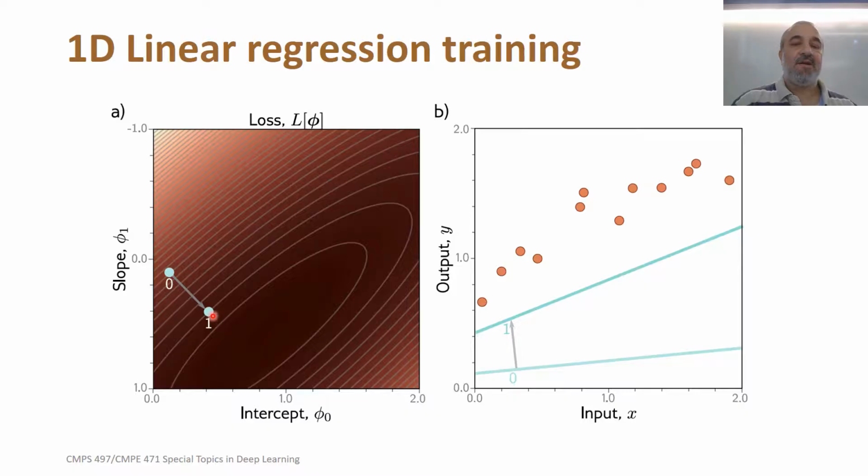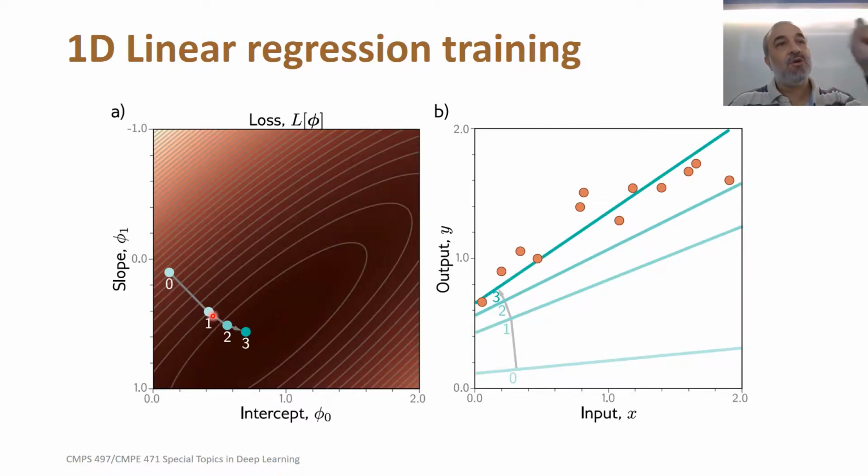And then again, repeat, and go to another point. Whenever we take steps like that, we are changing the values of the parameters to find better models. How do we know that it might be a better model? If the loss is decreasing, right? So we continue in iterations until we find a reasonable one.